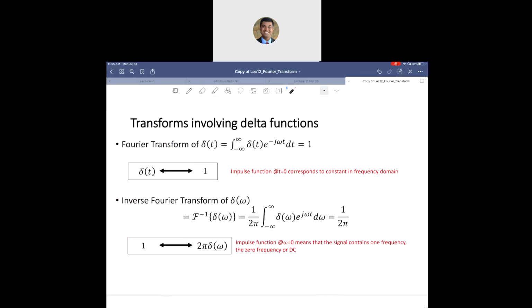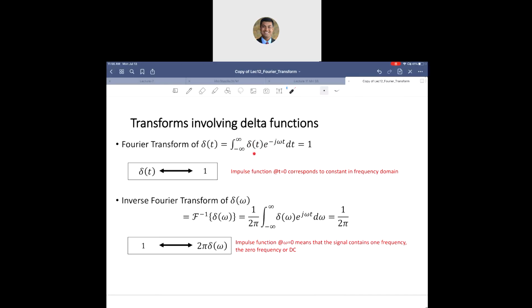All right, let us move on to some transforms involving delta functions. What is the Fourier transform of an impulse, delta of t? Apply the definition: integration negative infinity to infinity delta of t e to the minus j omega t dt.